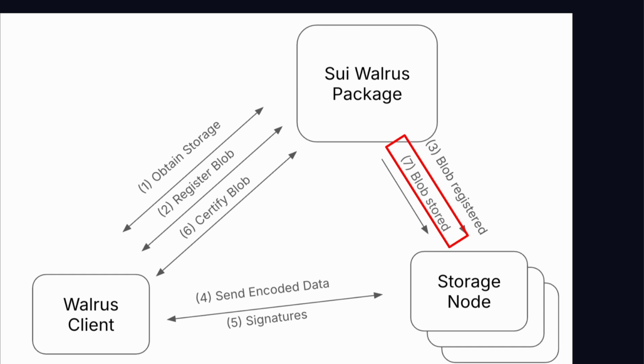This event emitted by SUI is the point of availability for the blob ID. After the point of availability, and without user involvement, storage nodes will sync and recover any missing metadata and slivers.